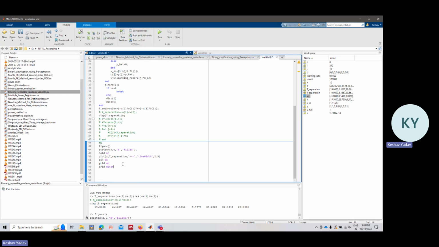So there will be a separating line in T also and X also. I think you got the point. So this is what we have discussed.